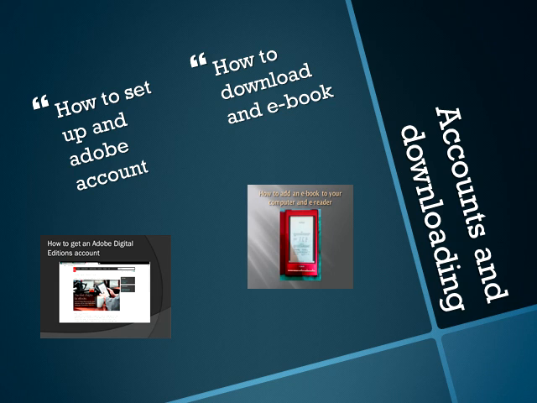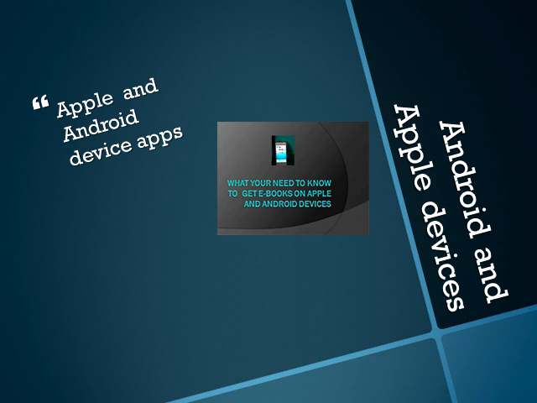I can also show you this on the board, but I want this to be an individual thing. You can look through these videos and find out how to work with this. So we have how to set up an Adobe account, how to download an ebook, and also the apps you need for your Apple or Android device.